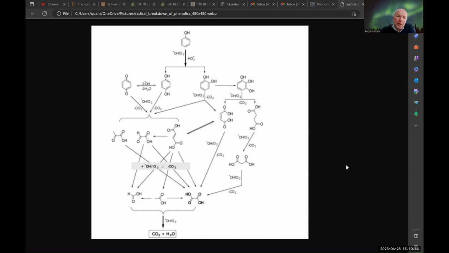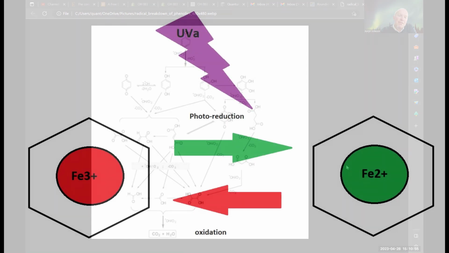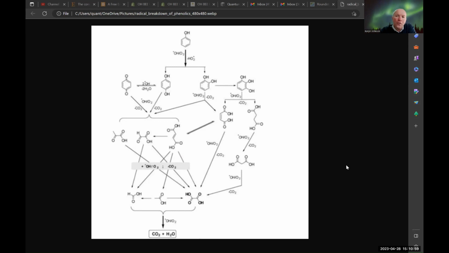And this physics, which involves light and photo-Fenton chemistry using iron, is an appropriate way that has evolved to give that expansionary pressure and the fluid necessary for the migration of the sperm down through the pollen tube.